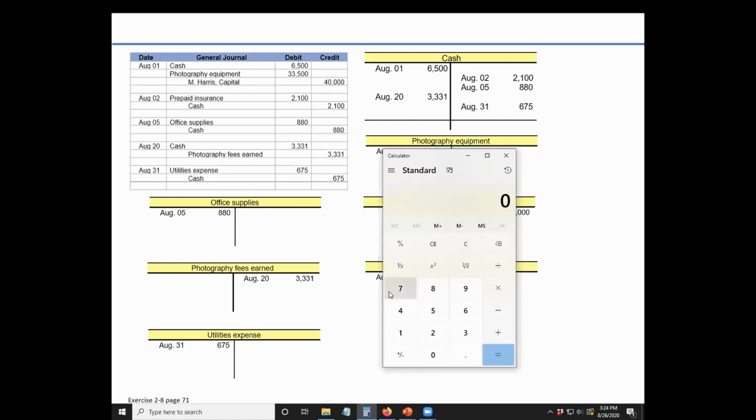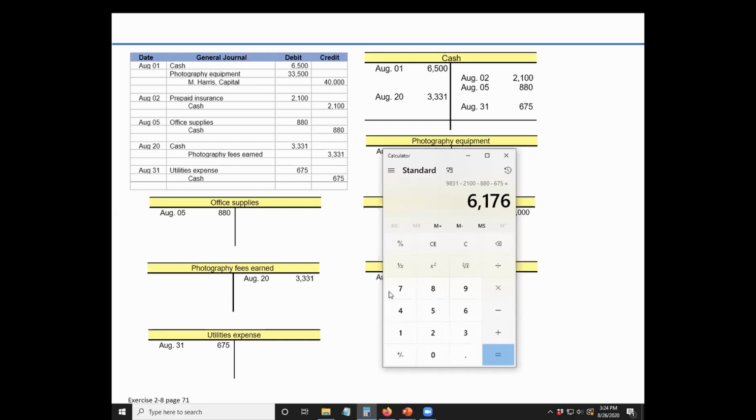Okay. So to figure out the balance here, let's do this. We know that we received 6,500, and then we received 3,331. So that's the cash inflow. That's the cash that we received. Then we have to subtract the cash that we paid out. Very much like we do with the checkbook register, we have to keep track of that, which I hope is what you guys are doing. Even if you use your card, I hope you write all that stuff down, okay?